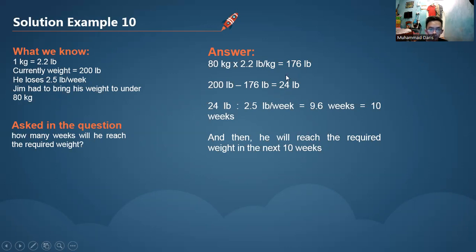And then the difference between the current weight and the standard is 200 pounds minus 176 pounds, which is equal to 24 pounds. The difference is 24 pounds. To know how many weeks, we can divide it by 2.5 pounds per week.